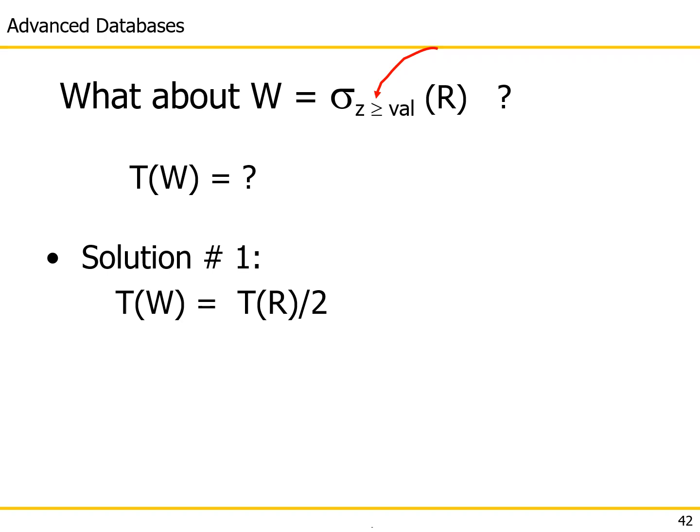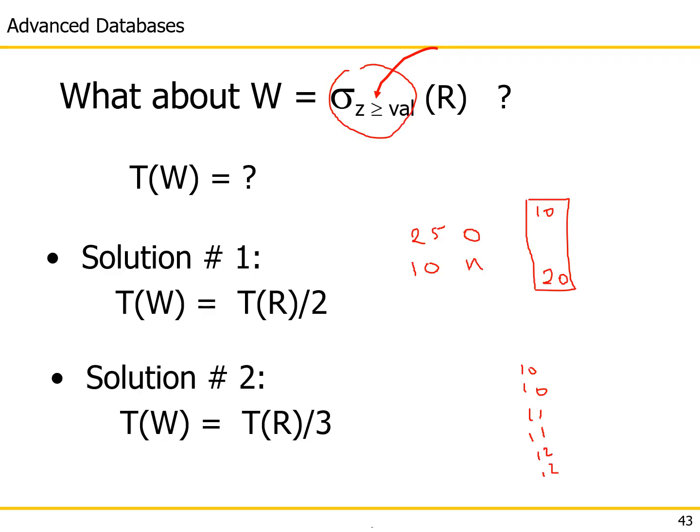Okay, so historically, one of the first solutions that was proposed to estimate the size of the result set here is to say that the size of the result set will be half the size of the input relation, half of R, which is what's spelled out here. The T of W, number of tuples in W, is going to be half multiplied by T of R. Okay?